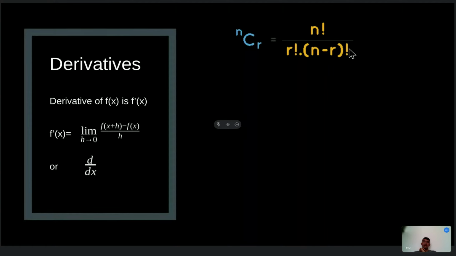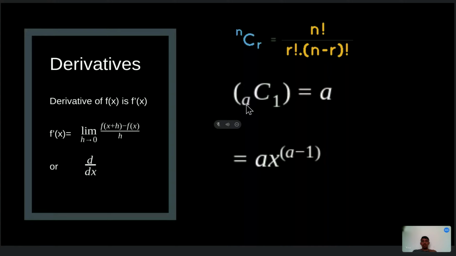And when we plug this in, we get a choose 1 equals a, because 1 factorial is just going to equal 1. a factorial is equal to a times a minus 1 factorial, so we can cancel out the a minus 1 factorial and get a. So we fully simplify it to a times x to the power of a minus 1.